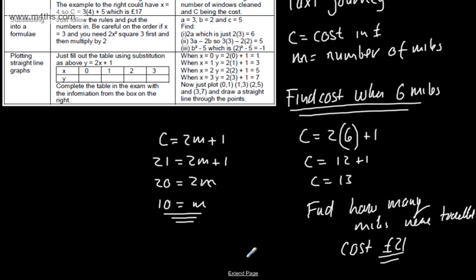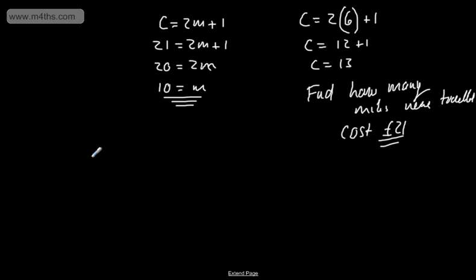Let's do another formula. Let's say the price of a mobile phone tariff is £2 a minute, so 2m, and then we're going to have a fixed £10 monthly line rental. So this is the price, the total price.